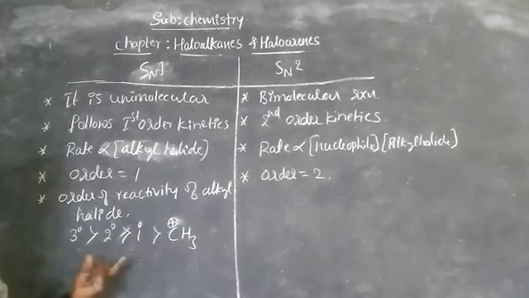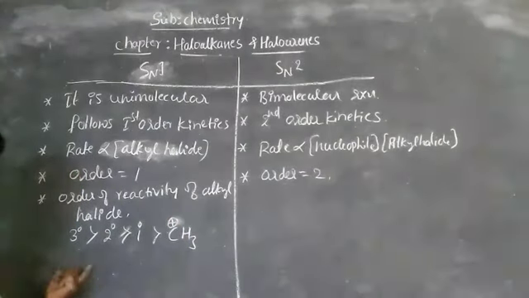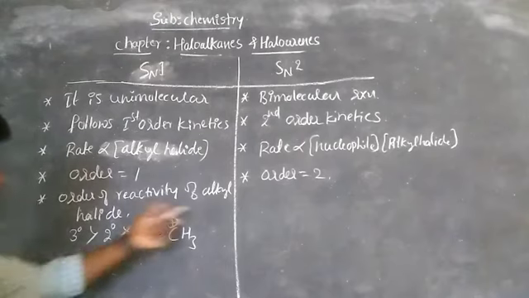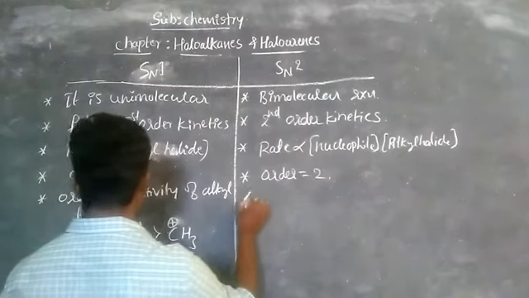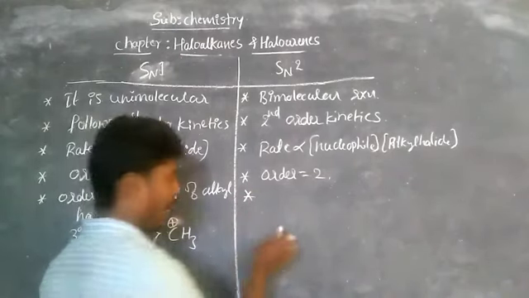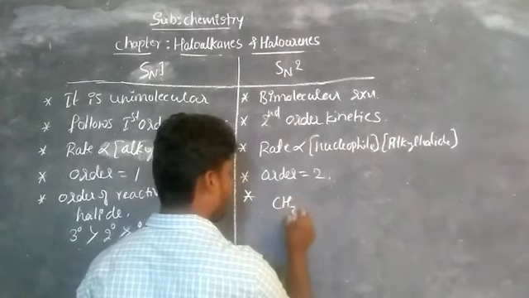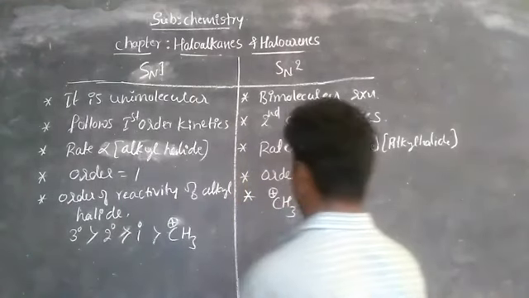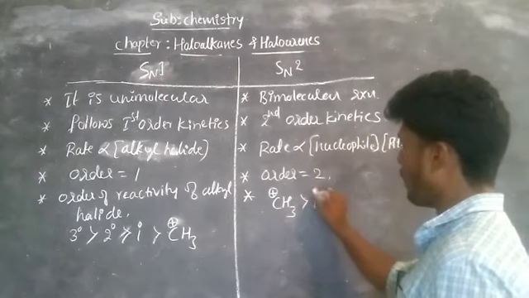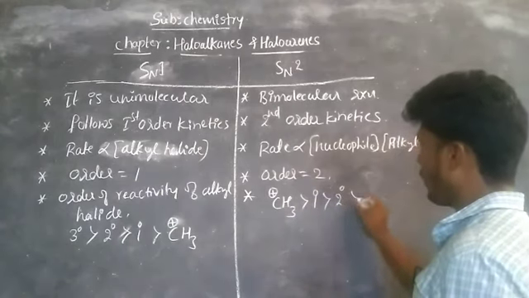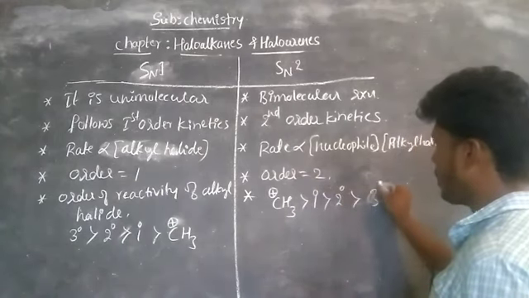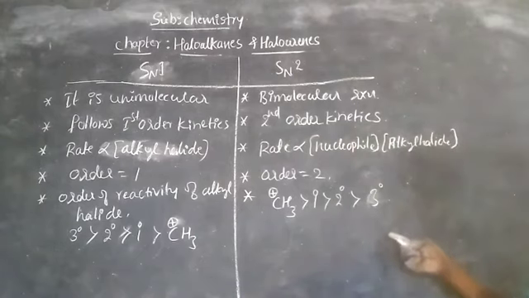This is the order of reactivity of alkyl halides. For SN2 it is exactly opposite: methyl alkyl halide is more favored than primary, then secondary, and then tertiary.